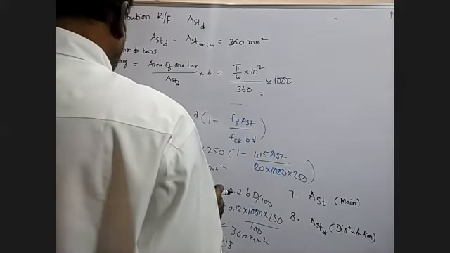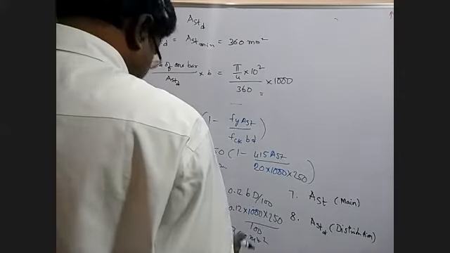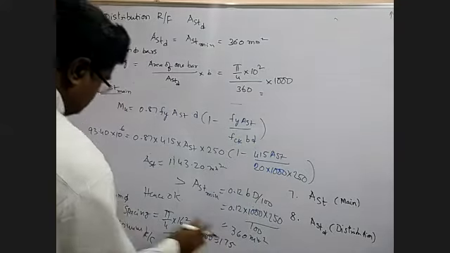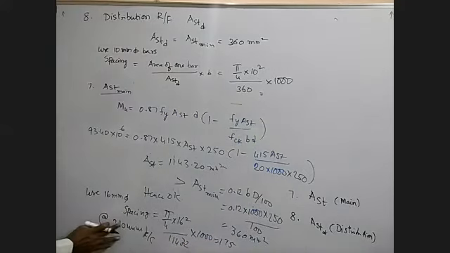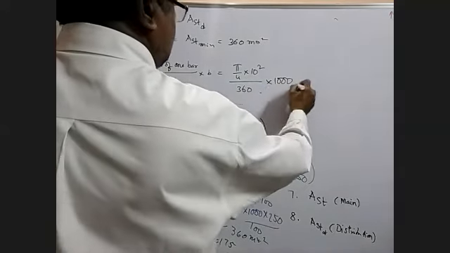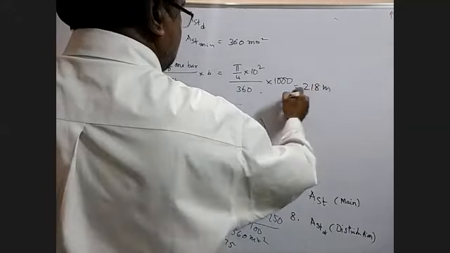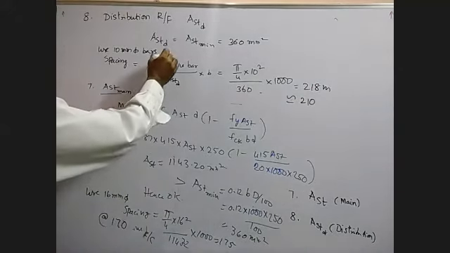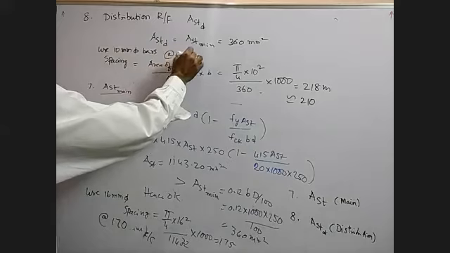Oh sorry, this is 175. Main is 175, so you have to provide 170 mm. Main reinforcement is 170 mm. This is 218 mm. Let us provide 210 mm. So provide 10 mm bars at 210 mm.